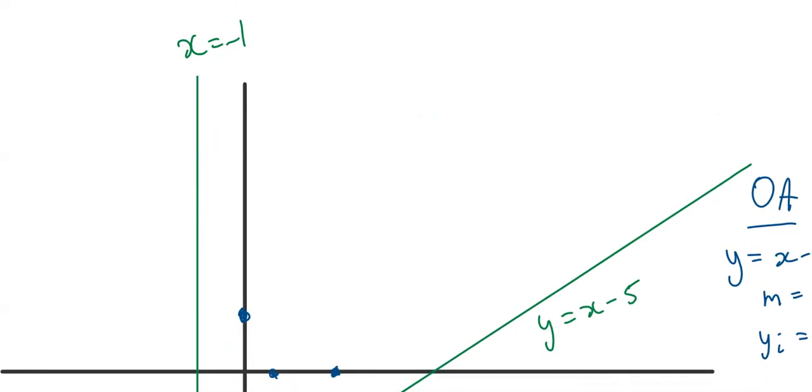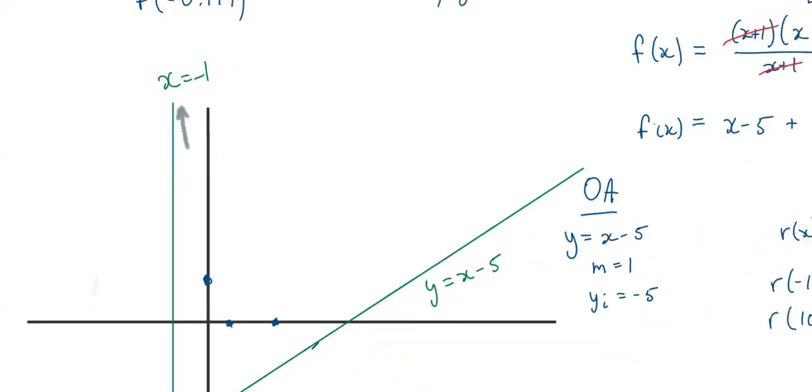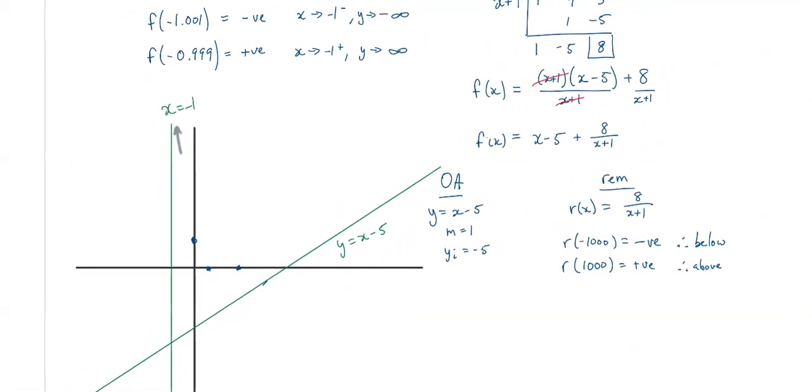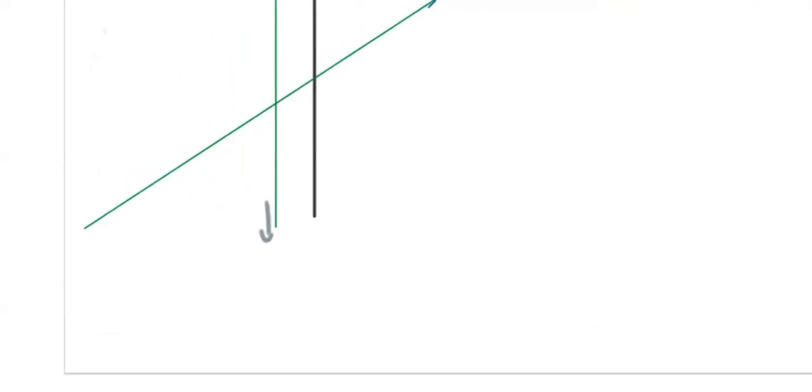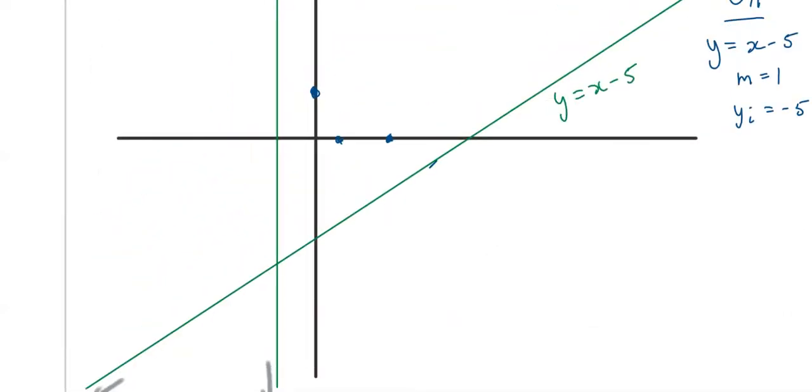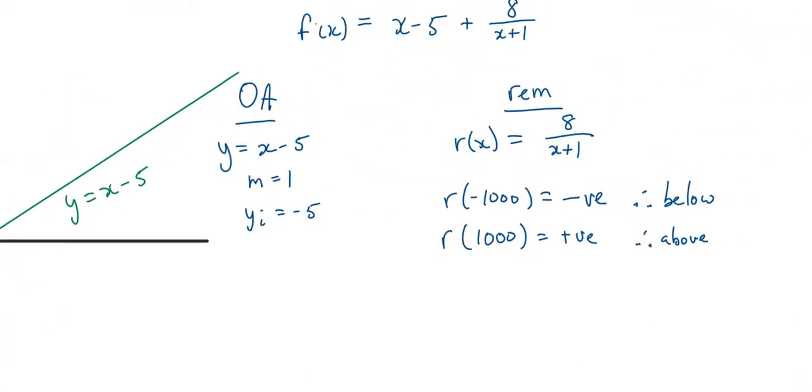So that's here. As I go out to the left, I'm below the oblique asymptote. And as I go out to the right, I am above the oblique asymptote.